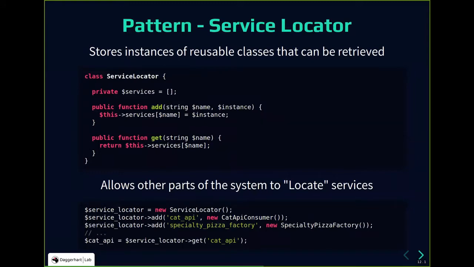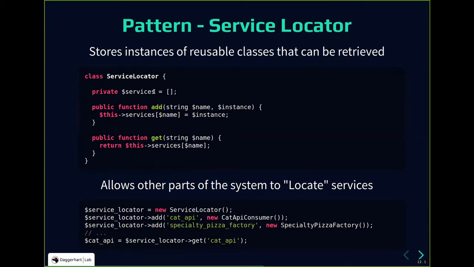So the purpose of this pattern is to make reusable classes, to make classes available easily throughout the rest of the system. So what a service locator is, in this rough sketch that I created, is a class that holds a bunch of services, or doer objects, or verbers, if you will.